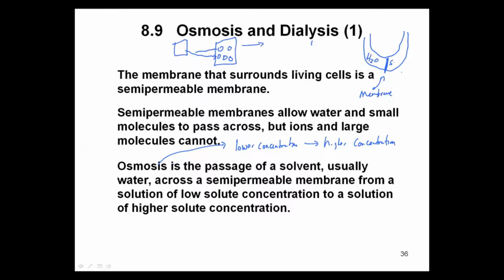What would happen by osmosis is the water molecules, which is the lower concentration, would move toward the salt water, which is the higher concentration because it has particles dissolved in it. The water would flow by osmosis to the side with the salt water, and it would continue to flow until it hit a point known as the osmotic pressure.